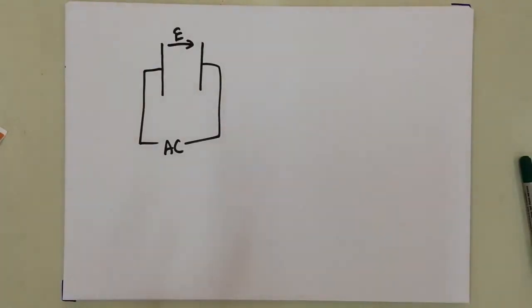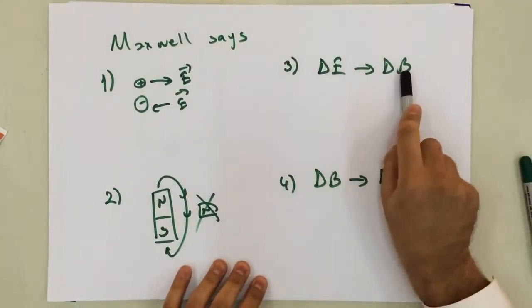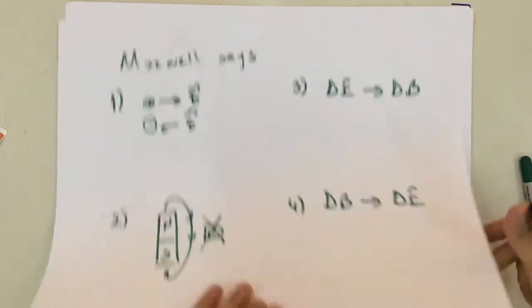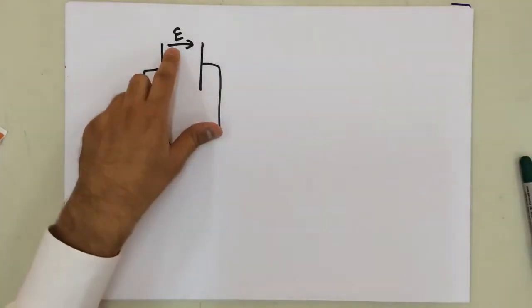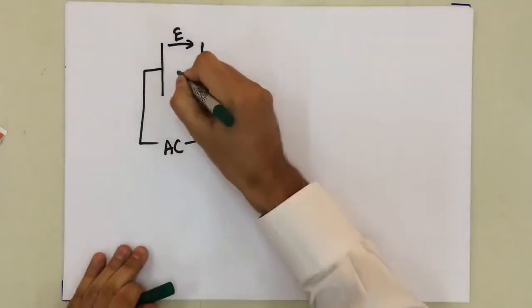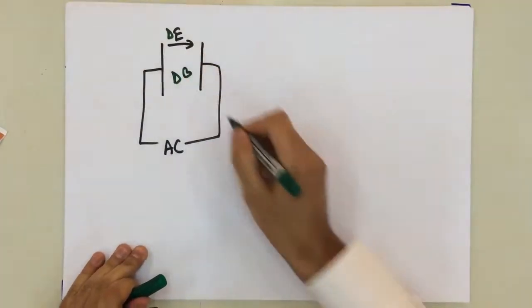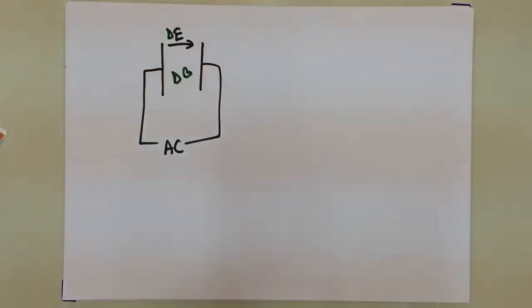Let's remember that. Uncle Maxwell says that if there is changing electric field, there will be changing magnetic field. Let's look. This is changing electric field. So changing magnetic field is produced. That means if there is changing magnetic field, remember electromagnetic induction, a current is produced between plates of capacitor.